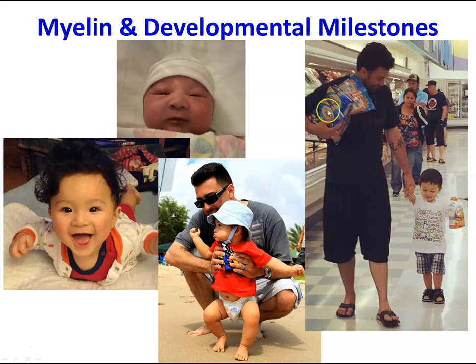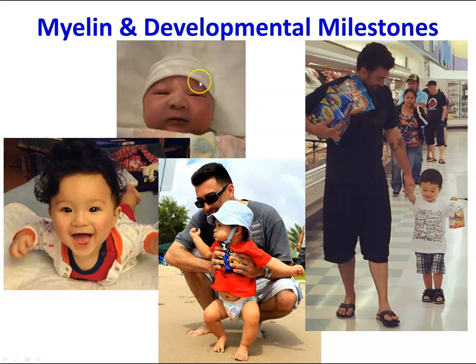Now, when you are a newborn, your brain is tiny, and it will grow about 80% by 2 years old. And what's going on now, as we develop these developmental milestones, is myelin. If you want to have coordinated movement, you need myelin.